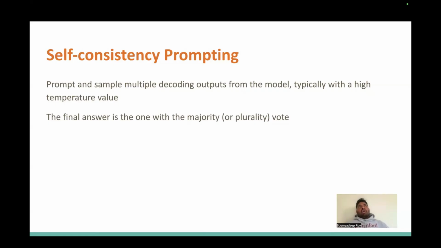To allow diversity in the reasoning, they put a higher temperature value, say 0.7 or 0.8, and then ask the LLM to give the answer, say 10 times. This will lead to more diverse reasoning paths. If I take the majority vote out of it, then we will get the right answer, because the majority of the times it will give the right answer, right?